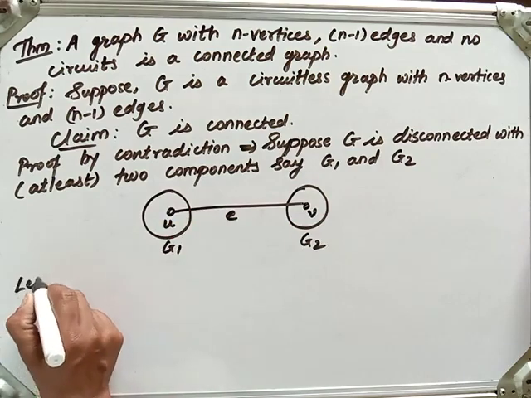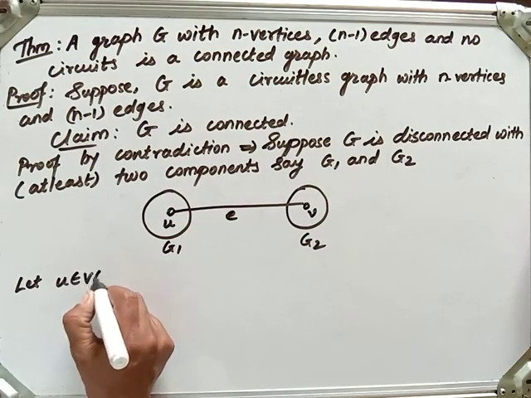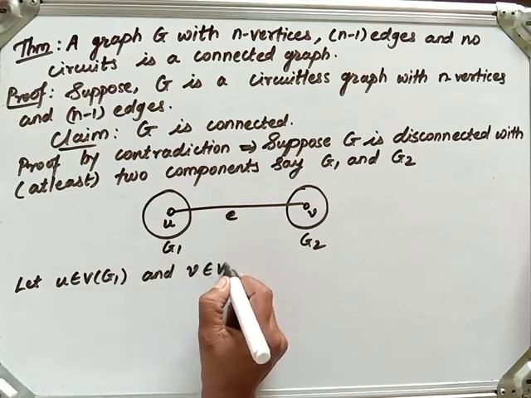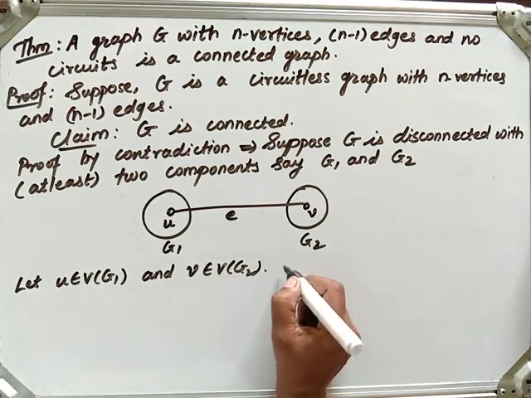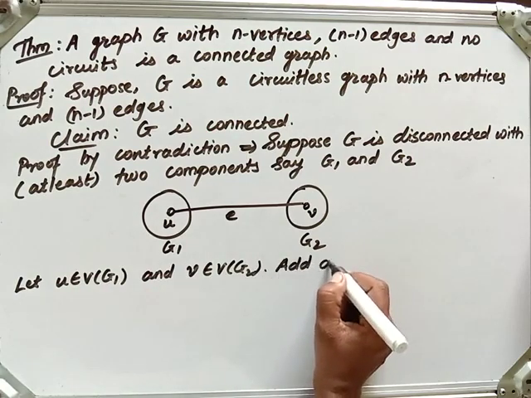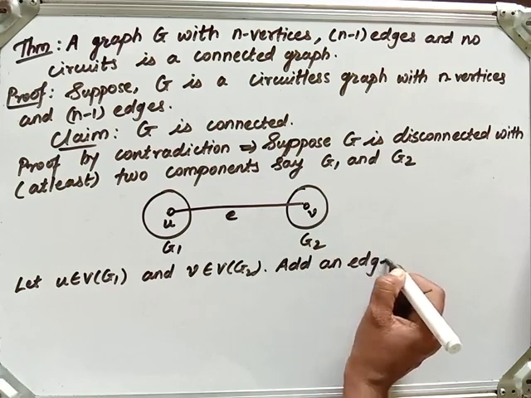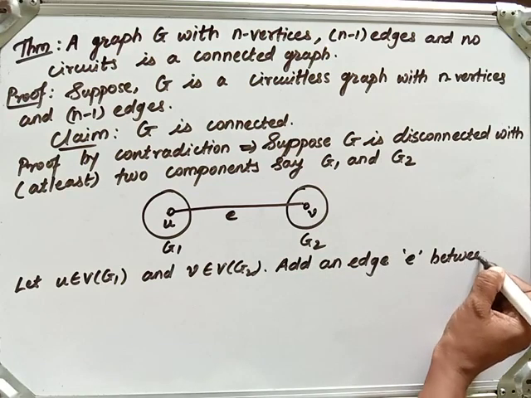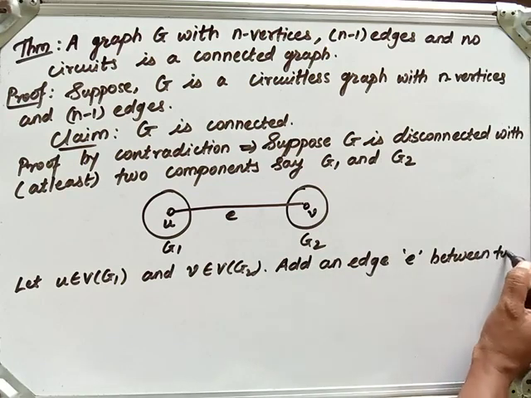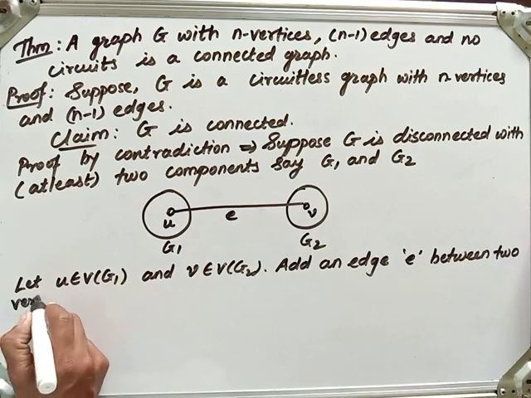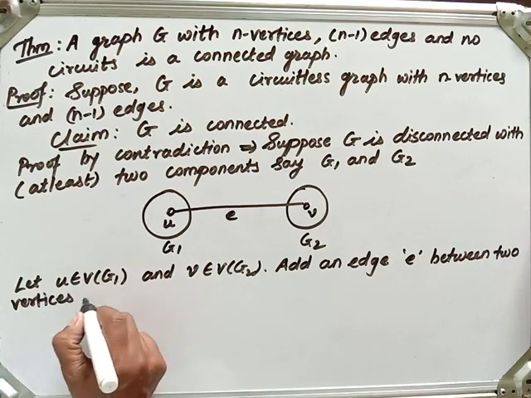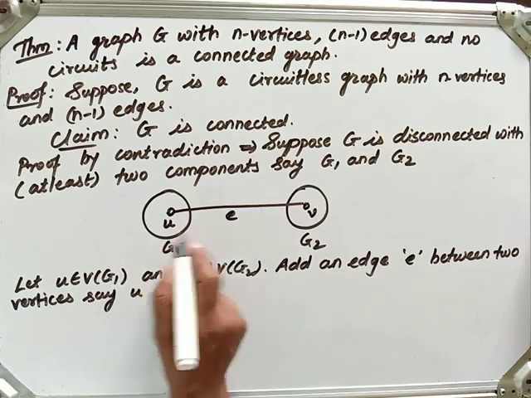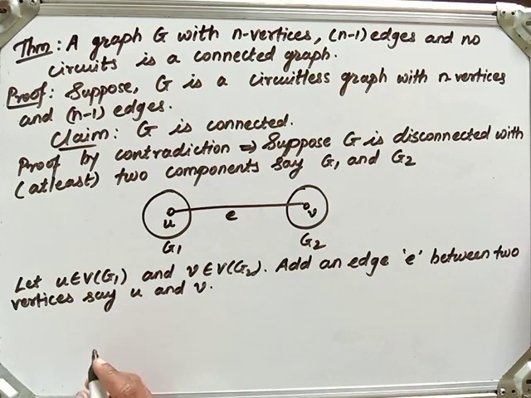Now let U be in the vertex set of G1 and V in the vertex set of G2, right? Add an edge E between two vertices, say U and V. As I have shown in the diagram, I have added an edge between them, right?